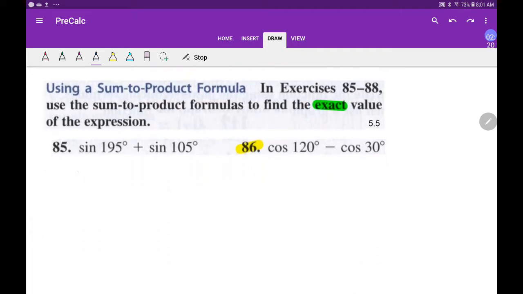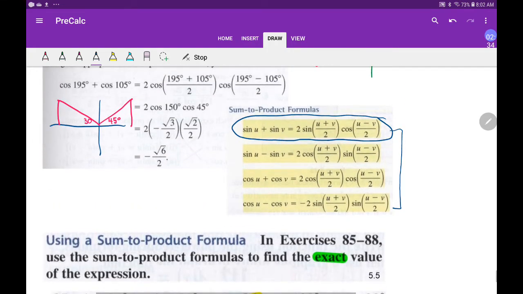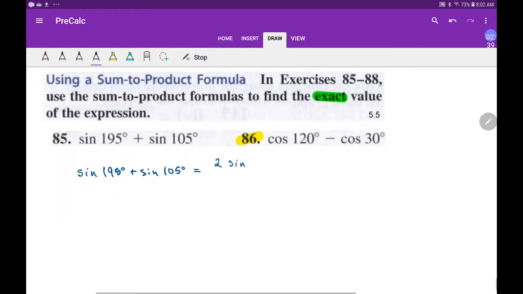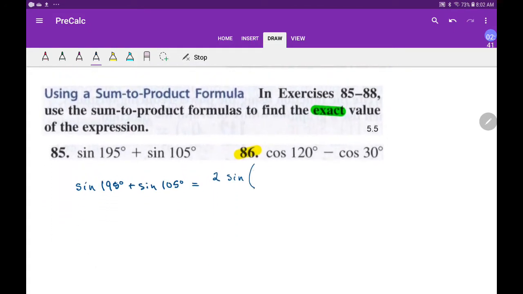We say the sine of 195 plus the sine of 105 is equal to 2 times the sine of 195 plus 105 over 2, and this is just like the example.